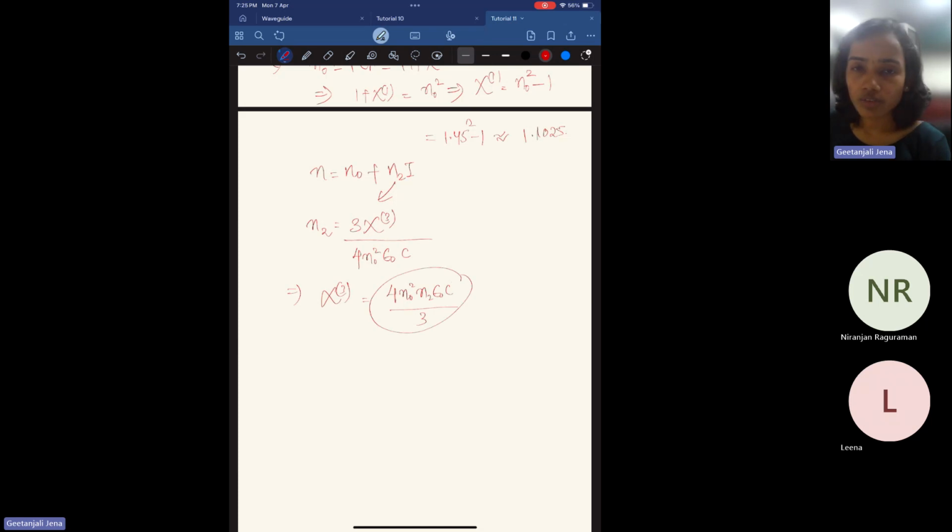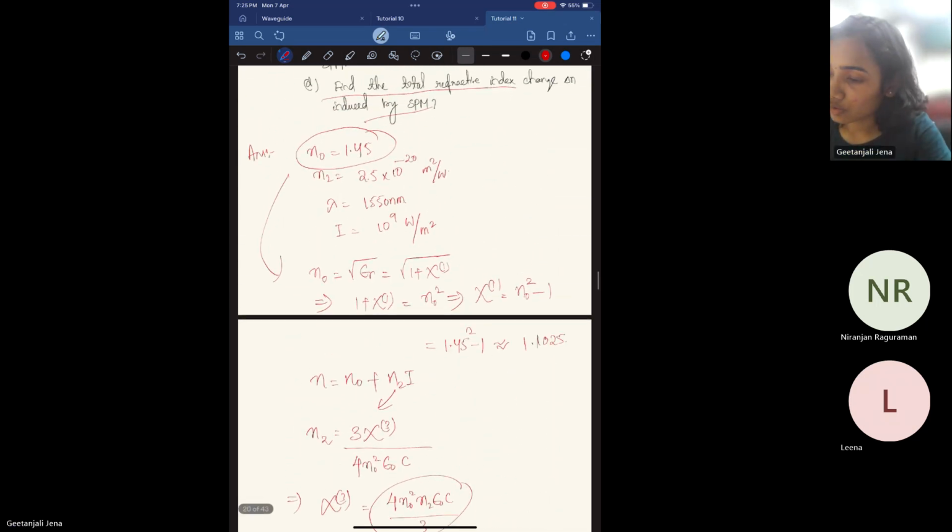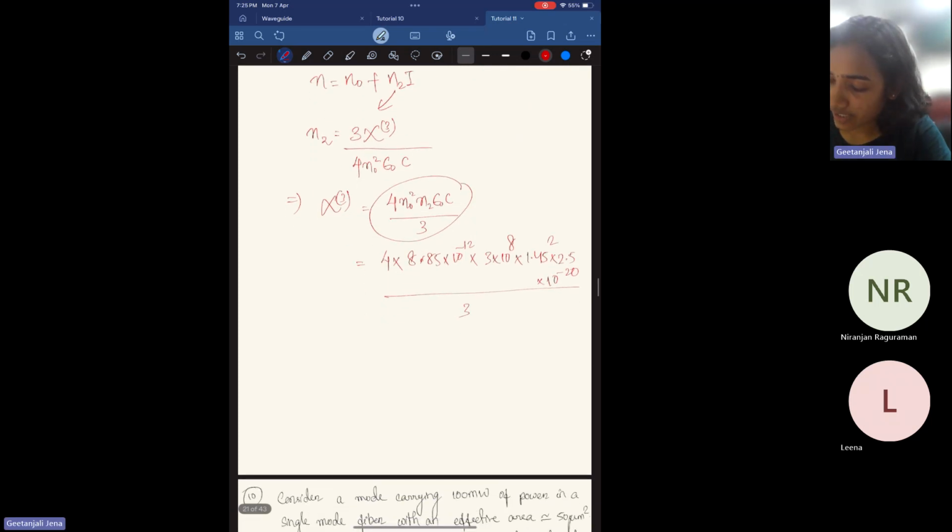All of the parameters are already given in the question, so finding chi3 is straightforward now. Epsilon naught is 8.85 into 10 to the minus 12, c is 3 into 10 to the power 8 meter per second, n0 square is 1.45 square, and n2 is 2.5 into 10 to the minus 20. Divided by 3, this will give 1.86 into 10 to the minus 20.